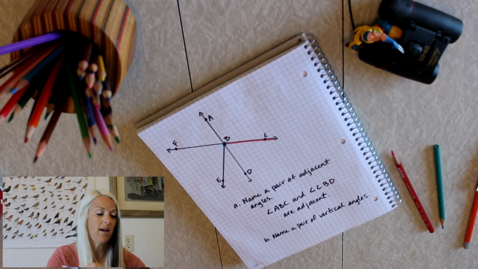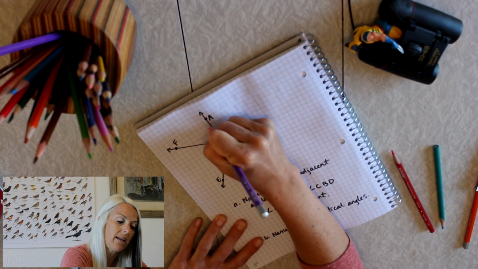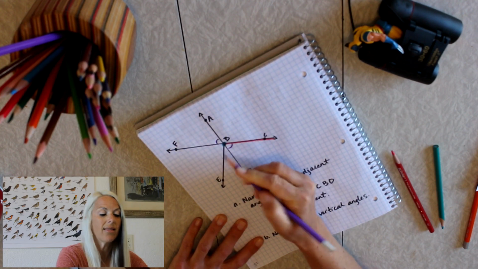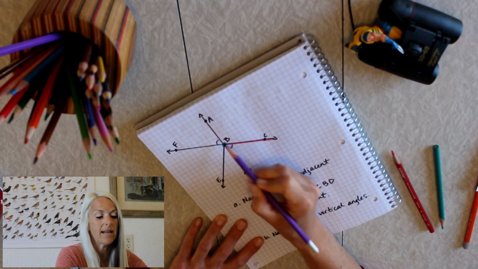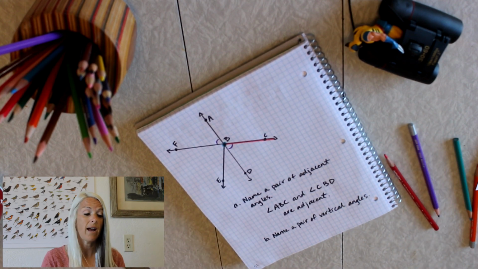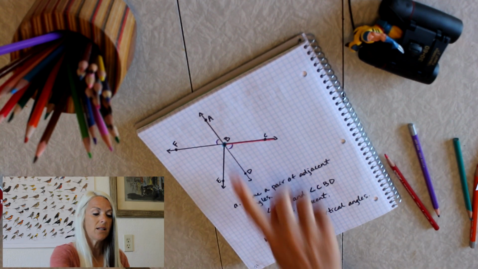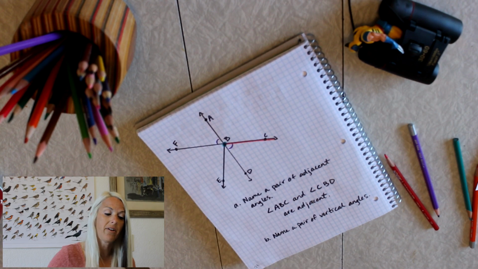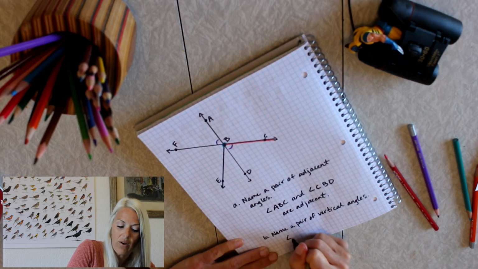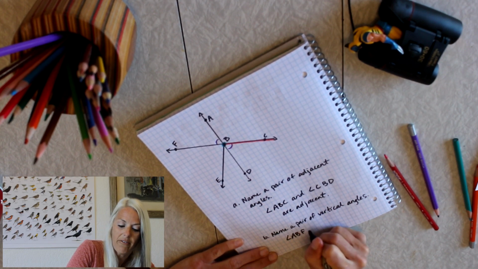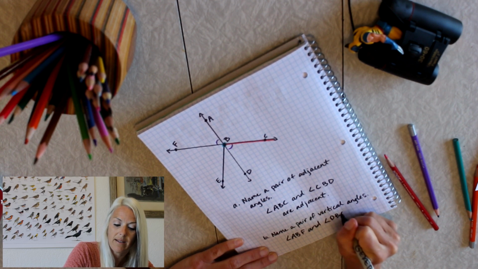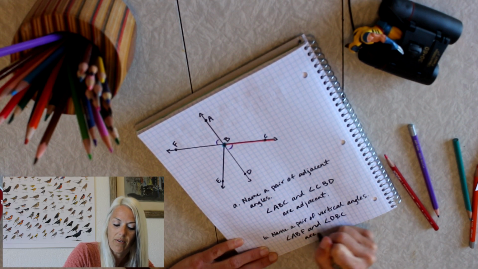So I'm just going to go ahead and look at this one here and this one here, remembering that that line indicates that these two angles are the same, or they have the same degree measurement. So we've got ABF and then we've got DBC. So angle ABF and angle DBC are vertical.